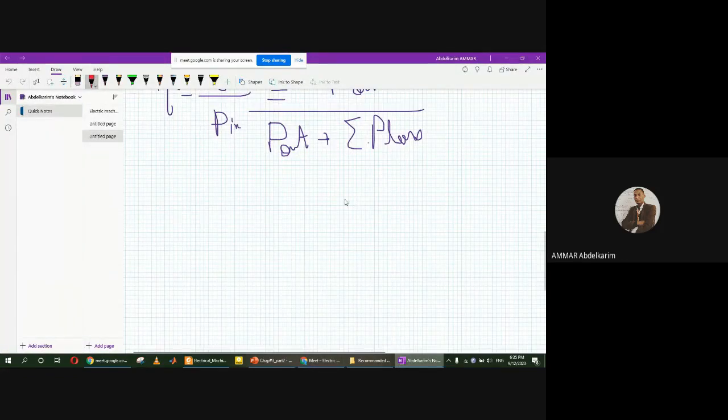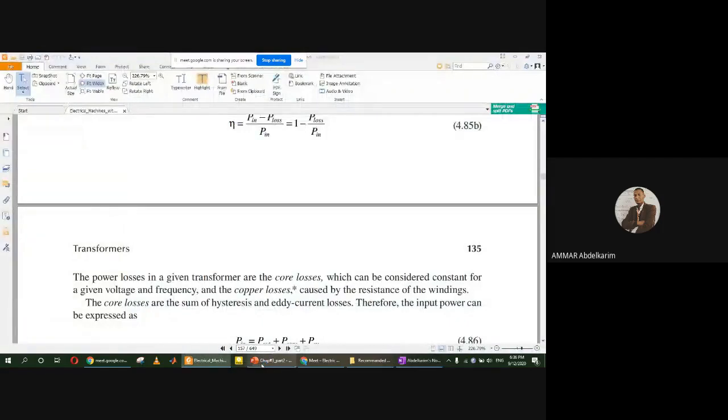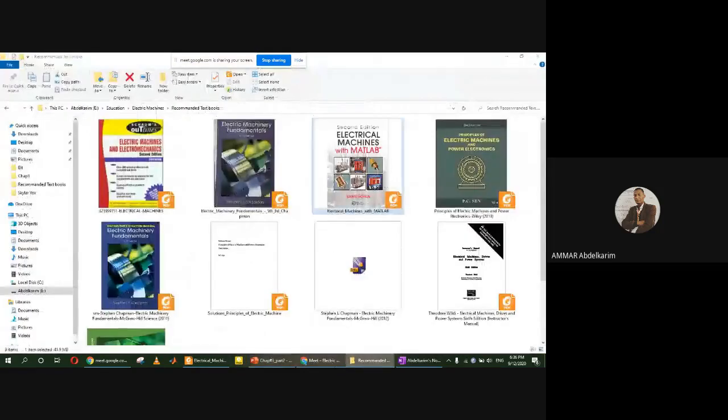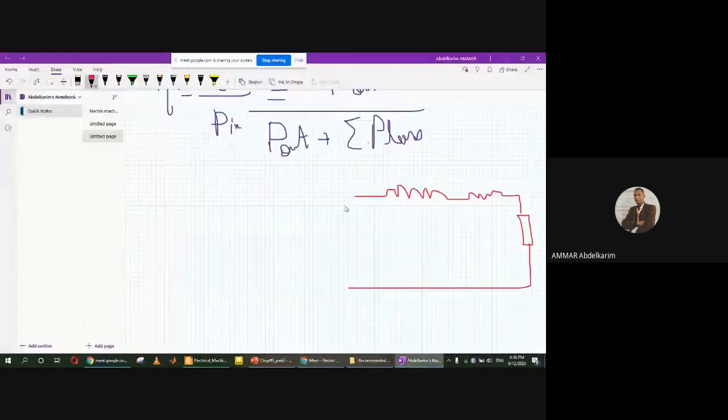Before drawing, the phasor is drawn based on the equivalent circuit, referred to the primary or to the secondary. If the circuit is referred to the primary, this is, for example, the inductor, this is the resistor, and this is the load. In our case, the circuit is referred to the primary.